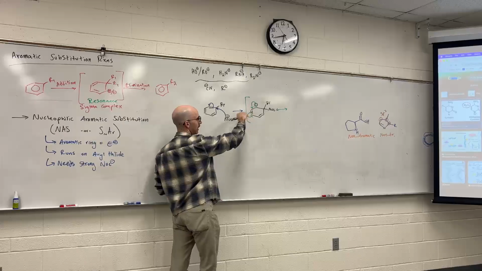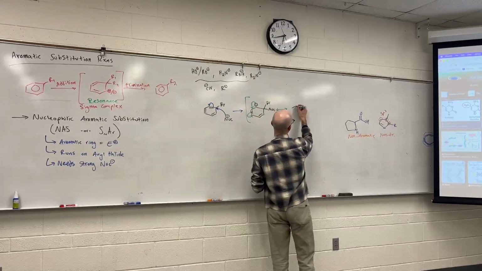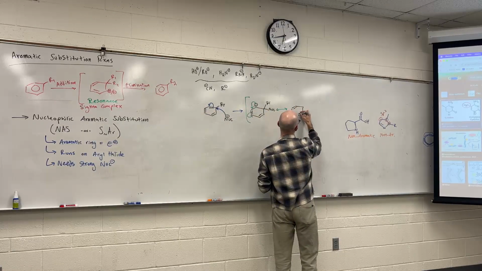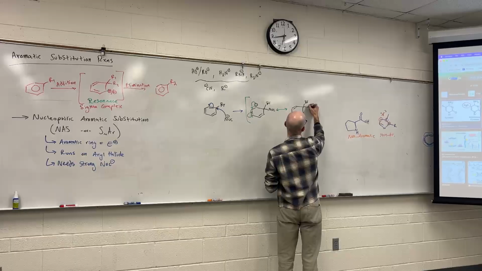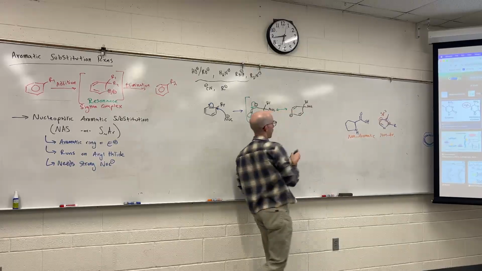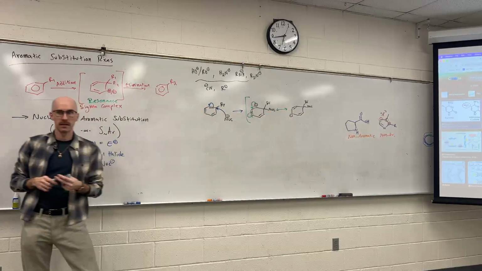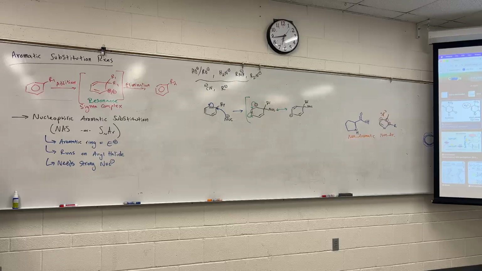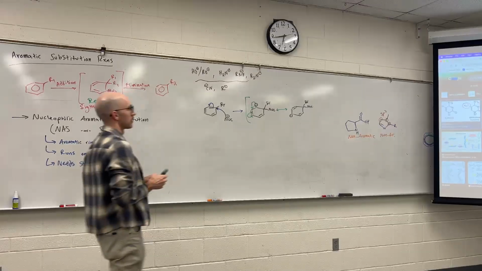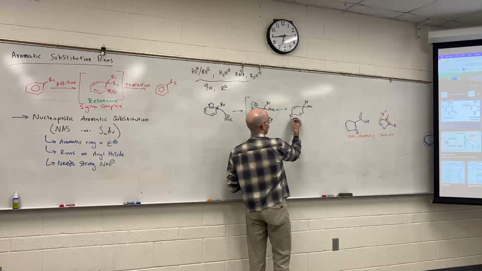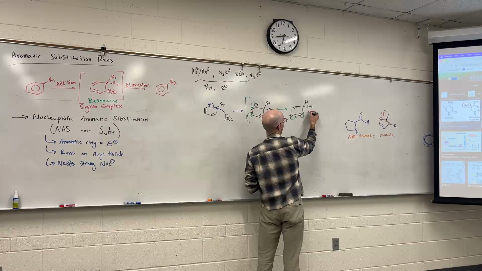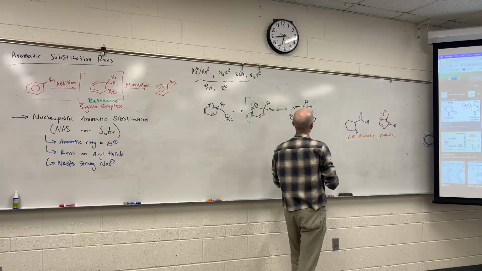A lone pair in, a lone pair out. My negative charge is in a new position, but my negative charge is still conjugated. So lone pair moves in, lone pair moves out, and I get a third resonance form.